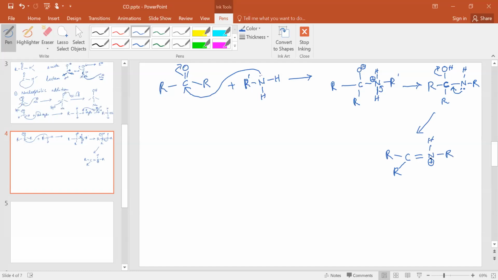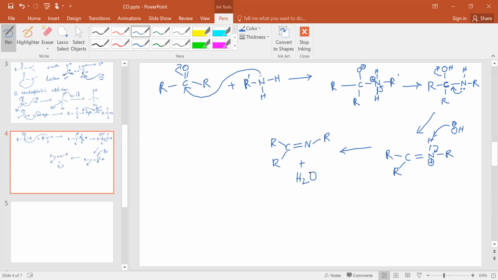The solvent, or the OH minus that formed, or another nitrogen can take this proton. And the product will be RRC double bond NR plus H2O.